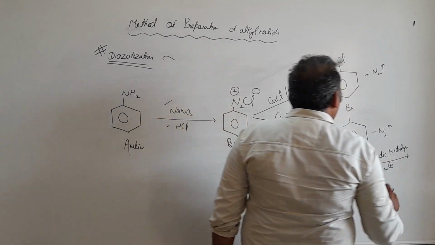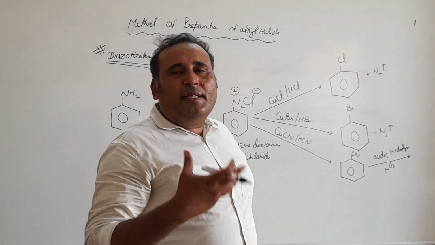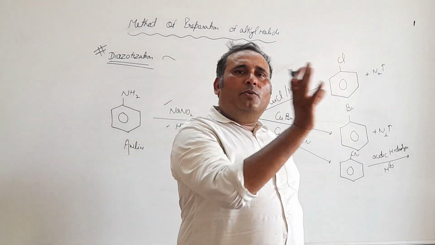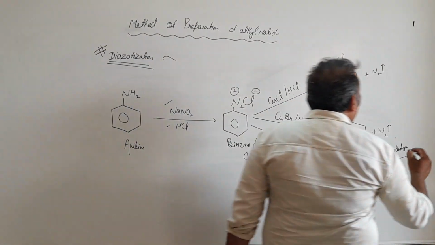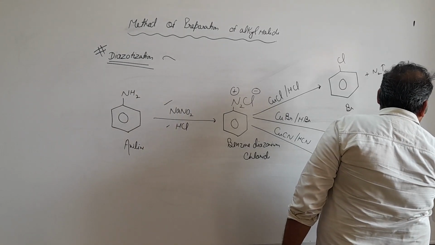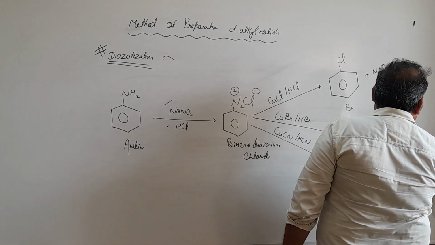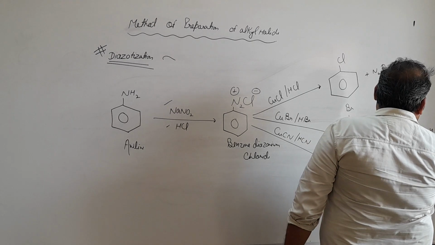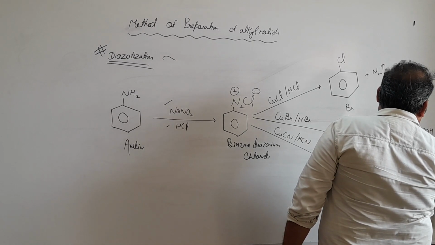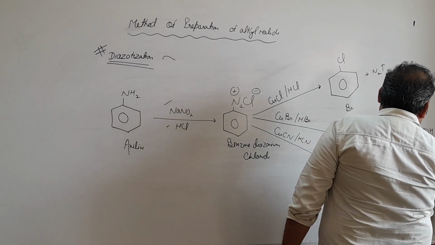Through acidic hydrolysis, or complete hydrolysis, we can convert the cyanide group into a COOH group, so we can get benzoic acid.